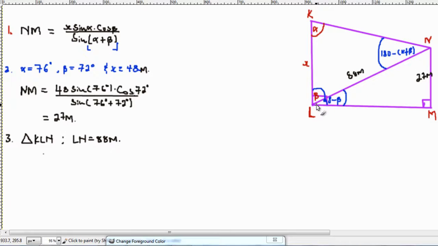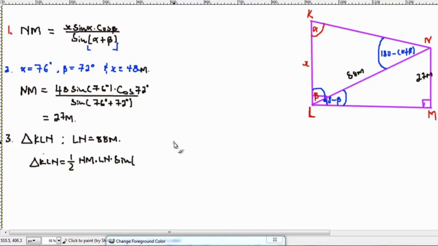Okay, so we want to find the area of this triangle. Now remember the area formula we use: it's 1 over 2 times the length NM, multiplied by the length LN, and then we take the sine of the angle opposite to neither of these two sides.